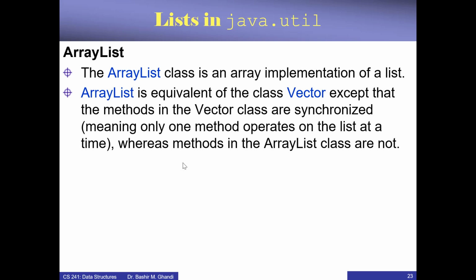And that could lead to a problem because one process may delete an element while another process is trying to get the count, how many elements are there. So the answer of count is going to depend on which of these methods was called first.